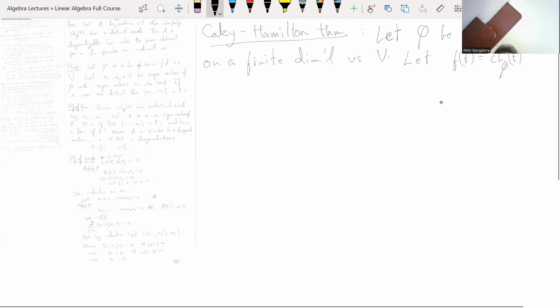To define it, we have to fix a basis and then write the matrix of phi with respect to that basis, and then take the determinant of lambda I minus that matrix. And then we know that it does not depend upon the choice of the basis. I'll interchange so that you get comfortable with both the abstract version and the matrix version.